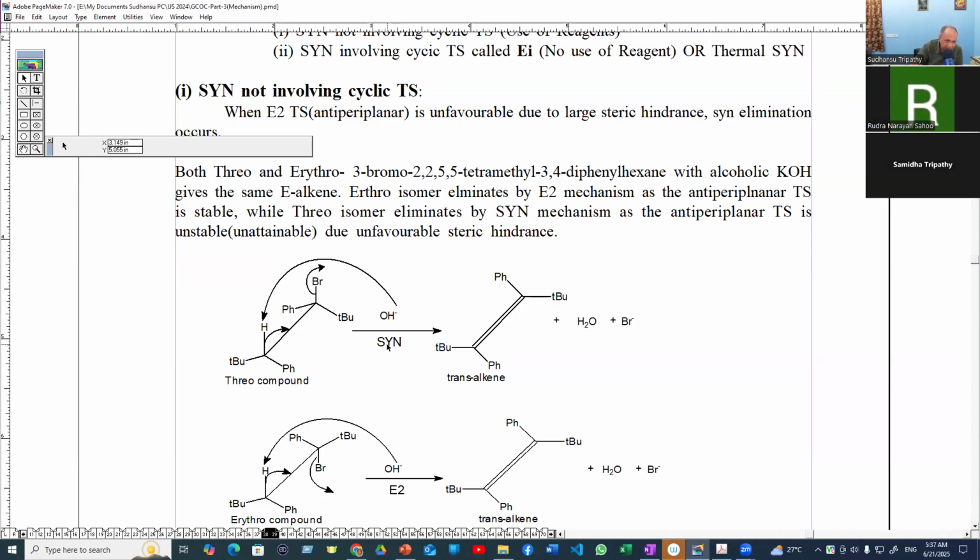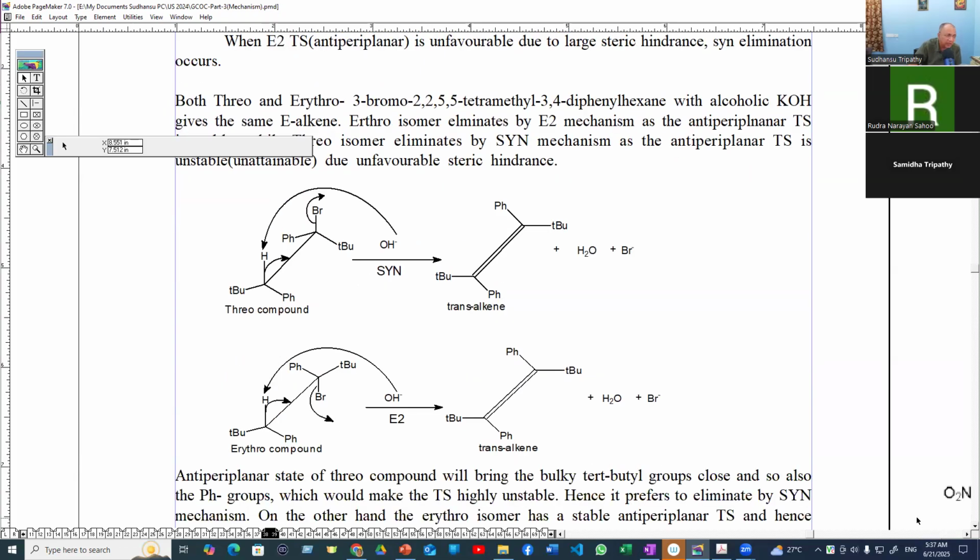And if you bring the anti-periplanar condition, that is the E2 condition, the tert-butyl groups will come to the gauche position. The steric strain, the van der Waals strain, will be very, very high. Therefore, that makes the transition state very unstable. So in that case, it prefers to eliminate by the syn mechanism.